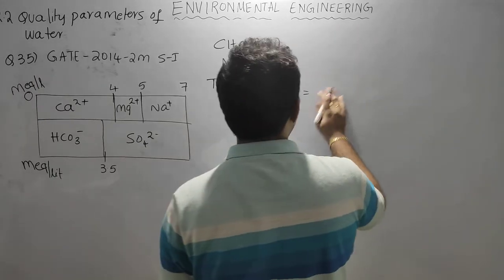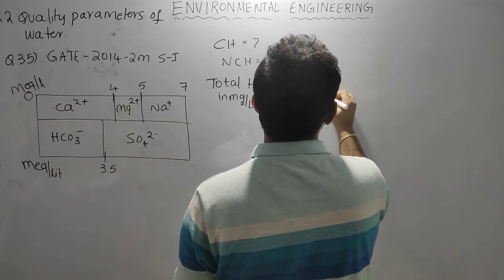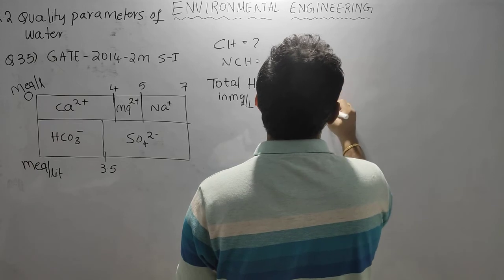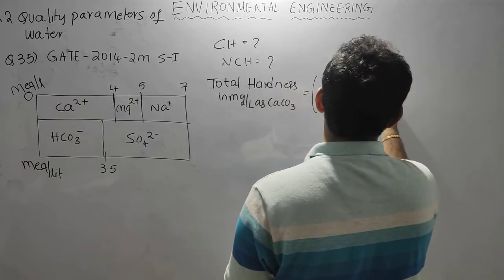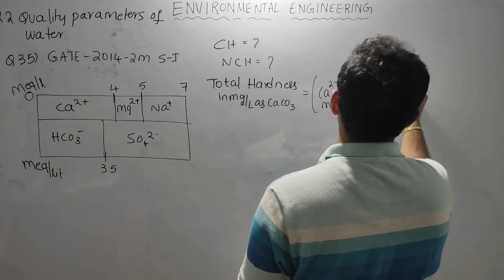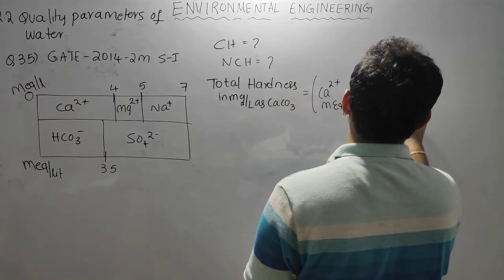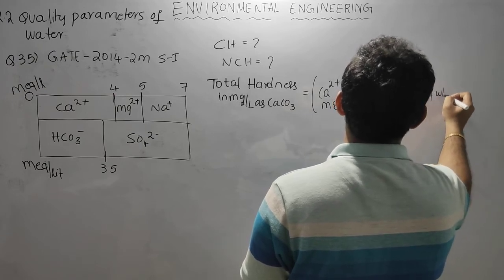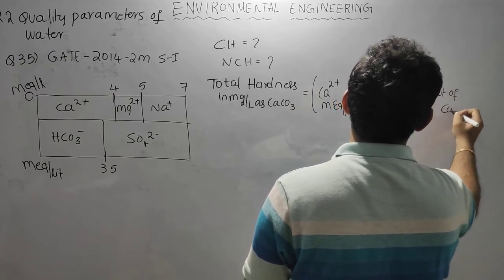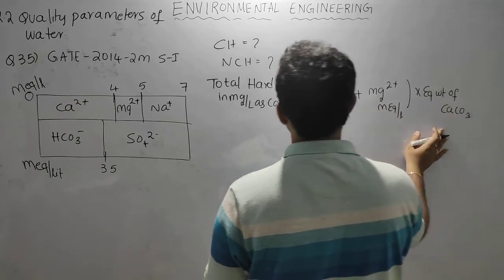Simply Ca2+ concentration in milli equivalent per liter plus Mg2+ concentration in milli equivalent per liter, into the equivalent weight of CaCO3. So this is the formula we have learned.